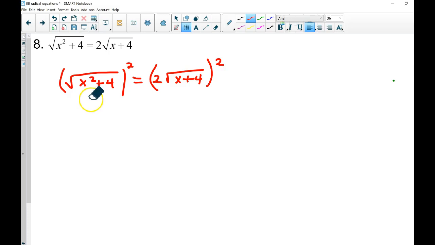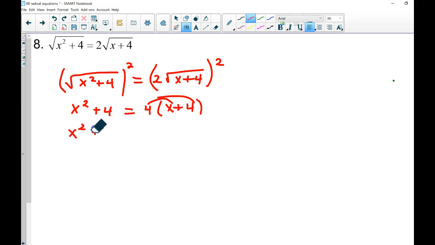So when I square both sides, my left-hand side becomes x squared plus 4. And my right-hand side, you also have to square the 2, not just what's under the radical. And notice I put parentheses to remind myself to distribute that 4 to both terms.